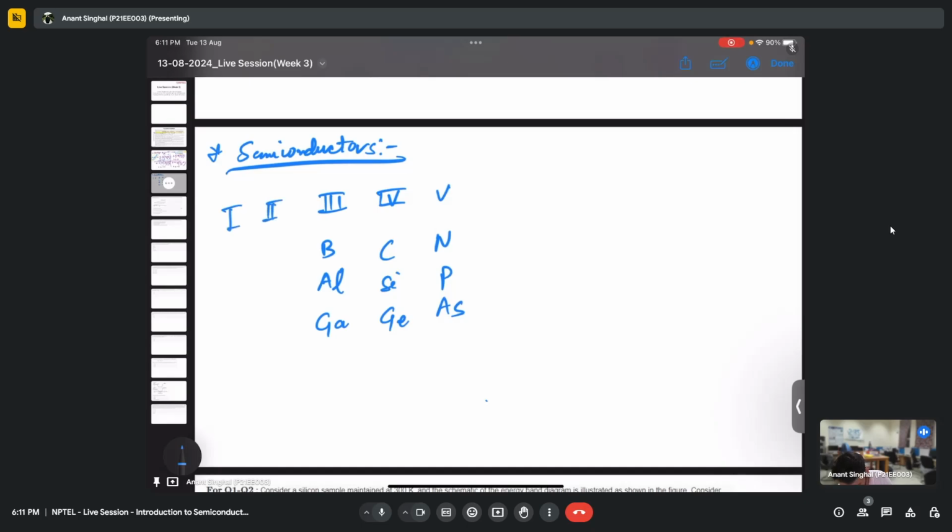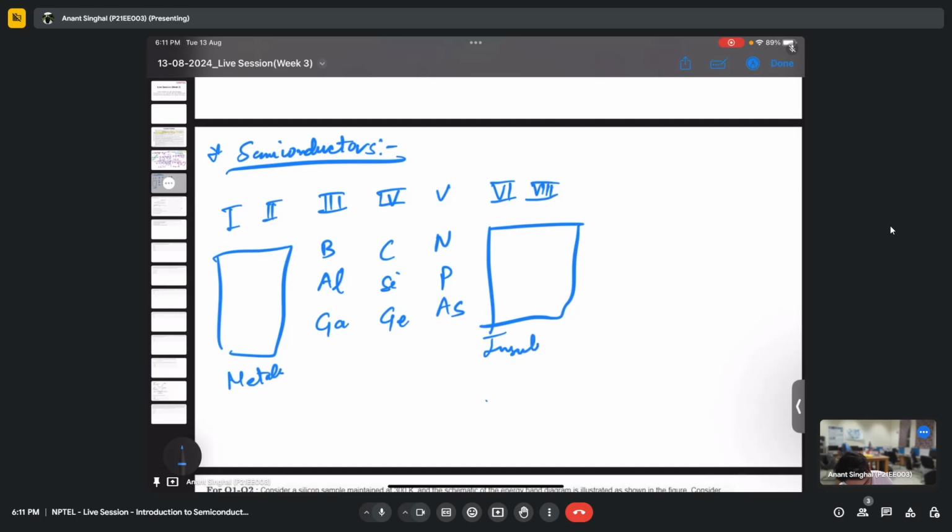The first and second groups are mostly metals. Then the sixth and seventh are mostly insulators. And the eighth group is completely noble gases. So for the semiconductor range, we are interested in these three groups.